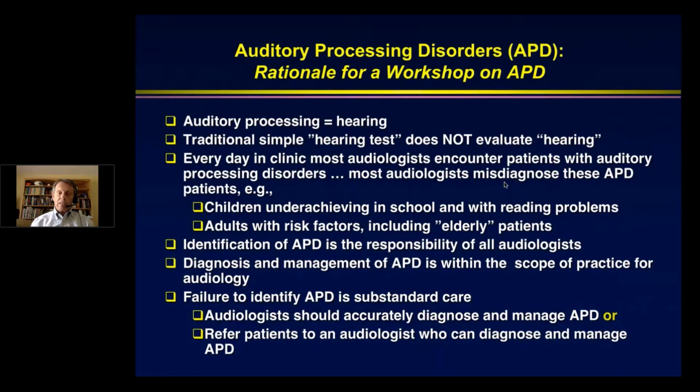Now, there was a major legal case to be made against the school system and against every audiologist who had seen this child in the clinic and said, oh, you don't have to worry, your child has normal hearing, because this guy did have a normal audiogram.